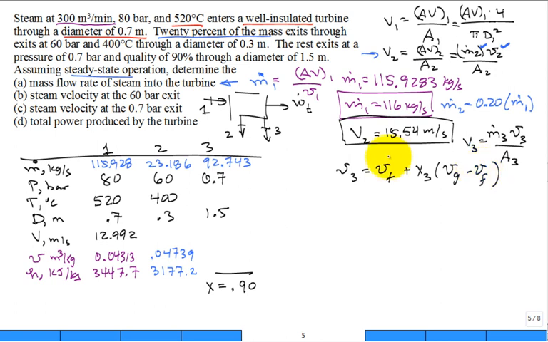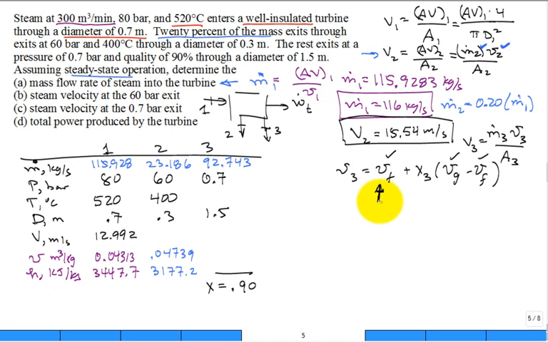So we look up the specific volume of saturated liquid, look up the specific volume of saturated vapor at the pressure of 0.7 bar. Can somebody give me at least this value from the table? You have the table in front of you, right? 0.7 bar.